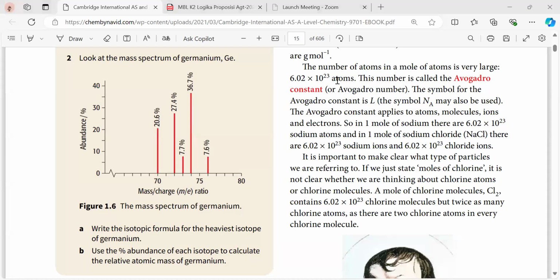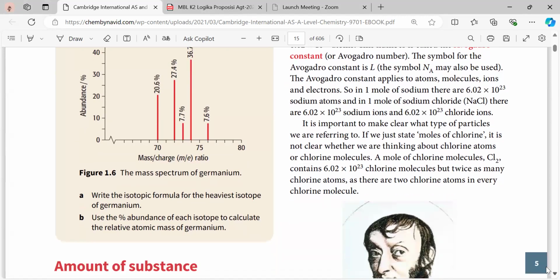Basically, the Avogadro number is something standard: 1 mole of sodium, 1 mole of sodium chloride, or 1 mole of anything would be the same number, because it's the Avogadro constant.